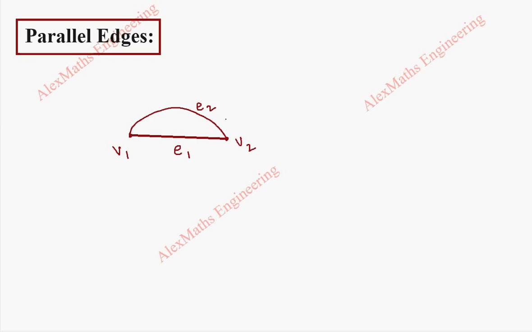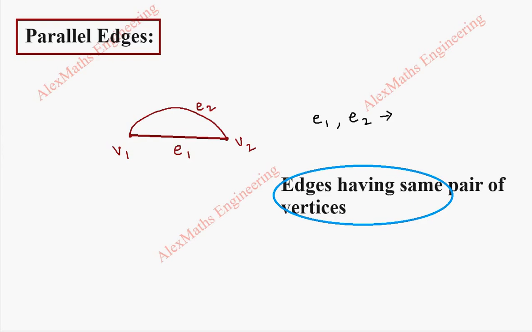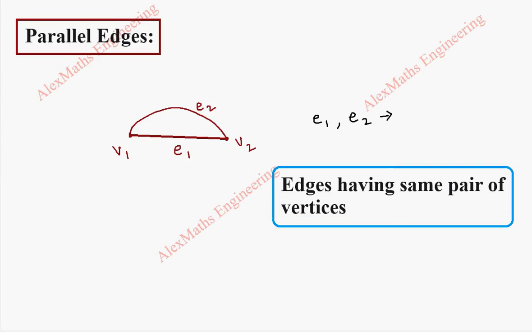Let this be E2. So in this case we call E1 and E2 parallel edges. We see here the edges have the same pair of vertices.